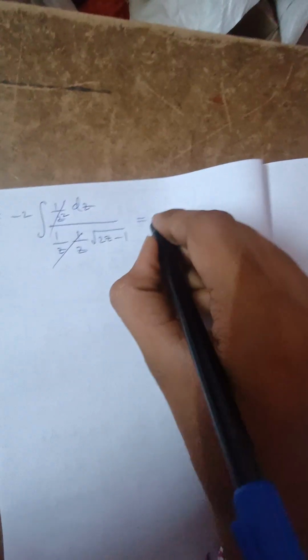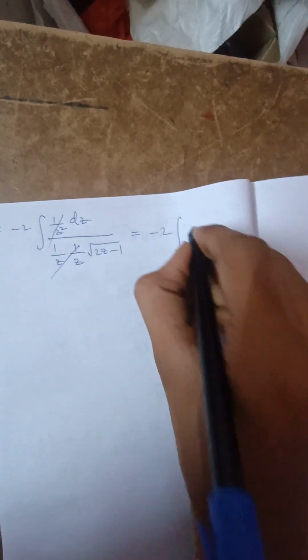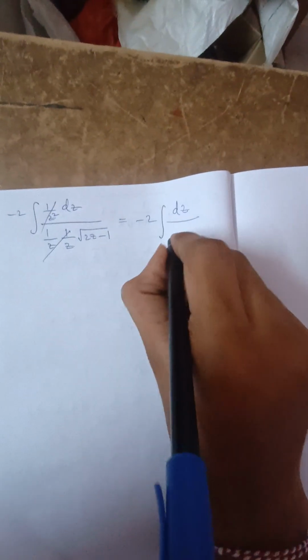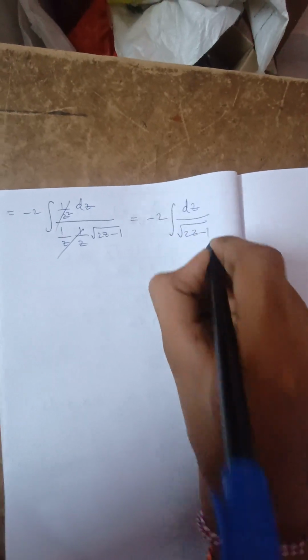So now 1 by z square gets cancelled. So we are getting minus 2 times the integral of dz by square root of 2z minus 1, same like the previous one.